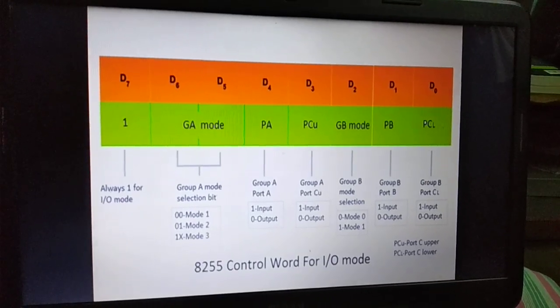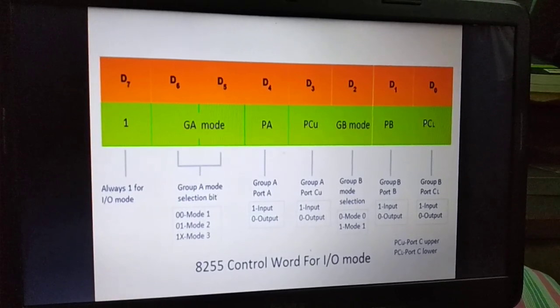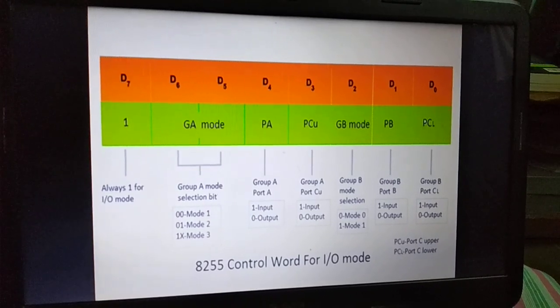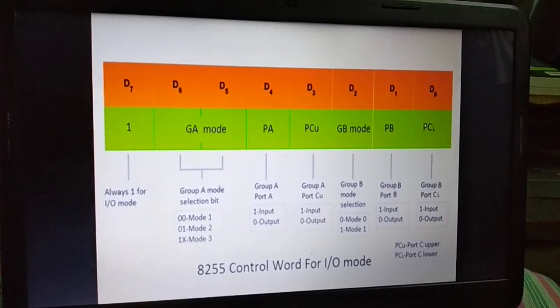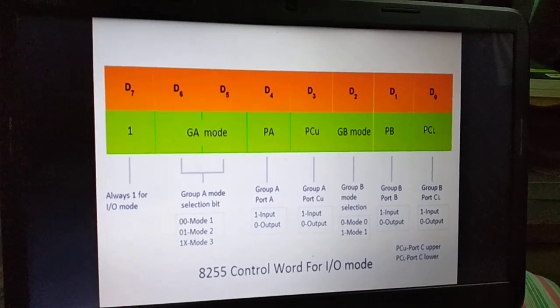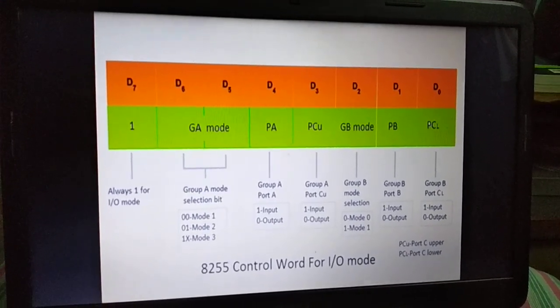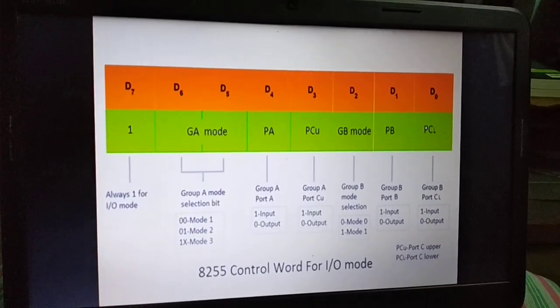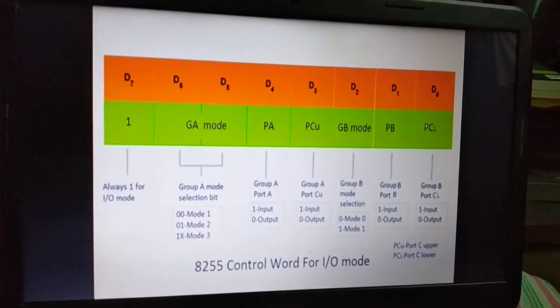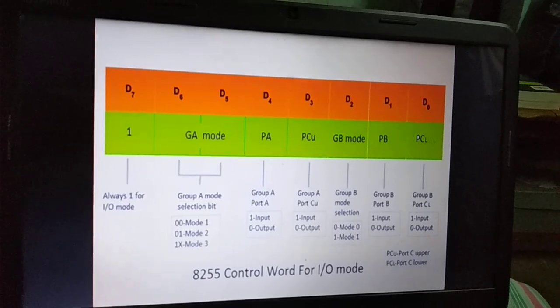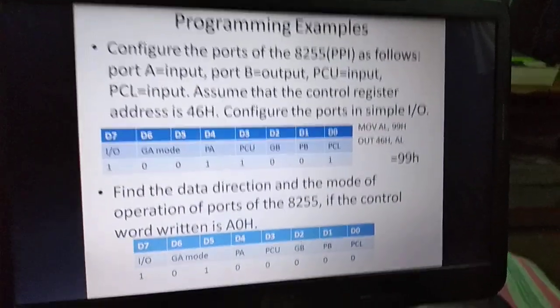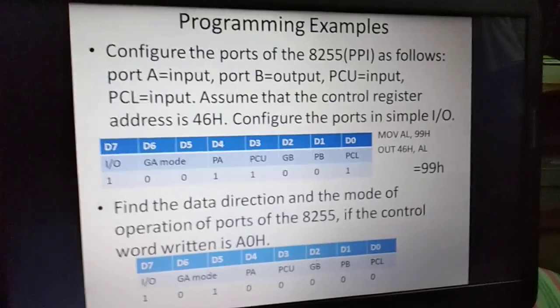The mode of group B, that is port B or port C lower, is given by the D2 bit. Since there are three possible modes for port A, we use two bits, D5 and D6, and this tells the mode in which port A is going to be used. Now let us see two examples of how these are programmed.